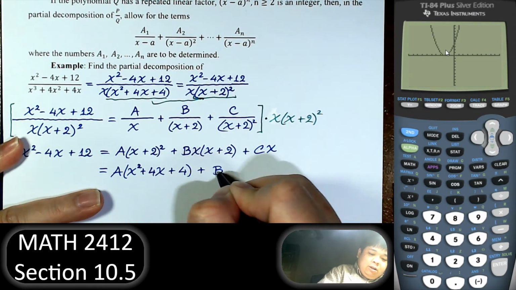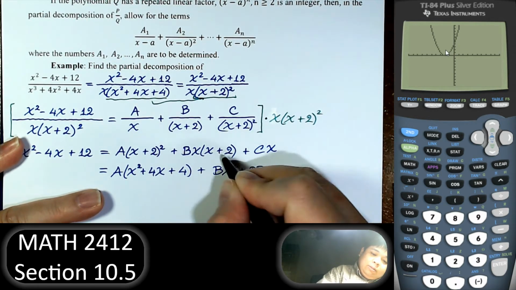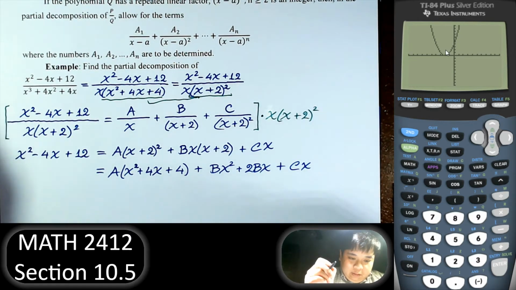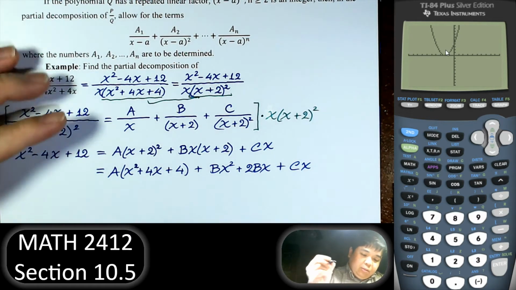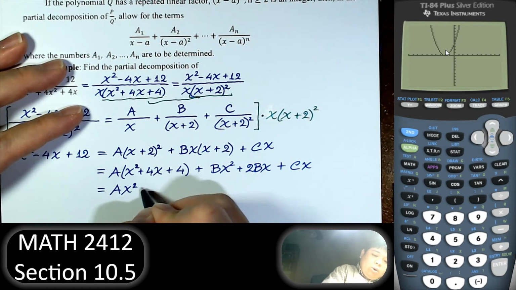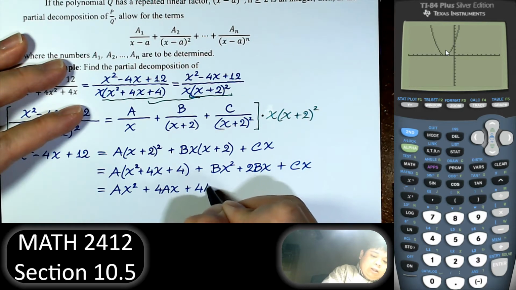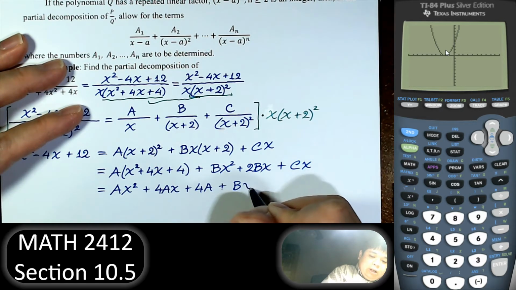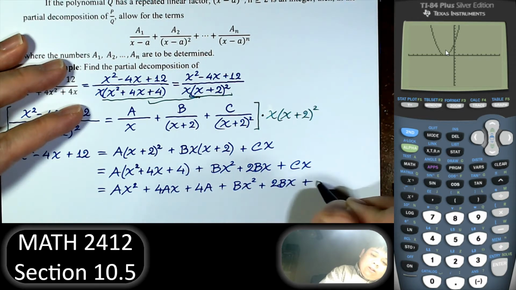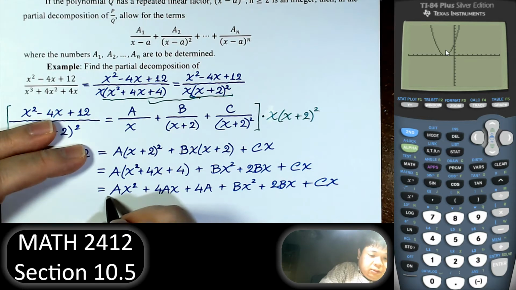Multiply this out. Bx squared plus 2Bx plus Cx. So Ax squared, 4Ax, 4A, Bx squared, 2Bx, and Cx. Now combine like terms.